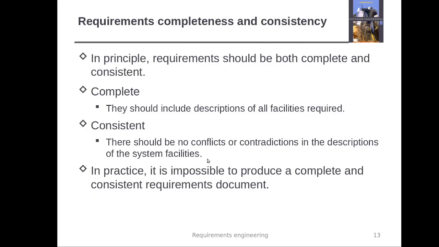They both should agree. If the customer says they want to search, the developer should confirm: are you going to search for just a single clinic? He will say no, not for a single clinic, we want to search for all the clinics. Then it is done, clear. So it should be complete and consistent.